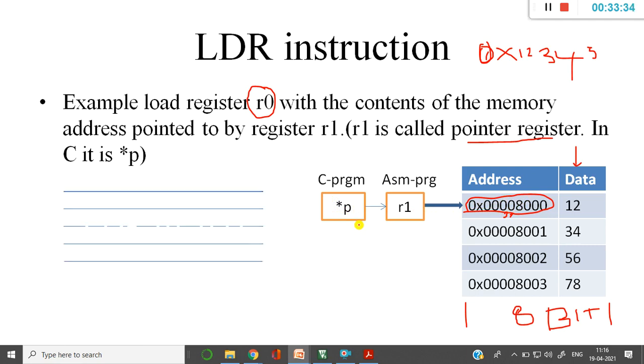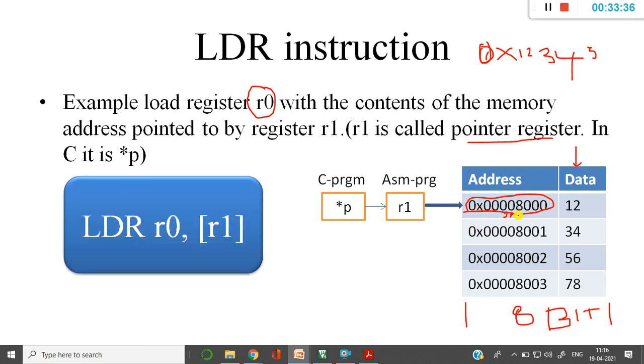Now if I want to load this, we have an instruction called LDR R0, content of R1. Now what is R1? R1 is nothing but 0x00008000. I need to fetch this complete data in a single go.